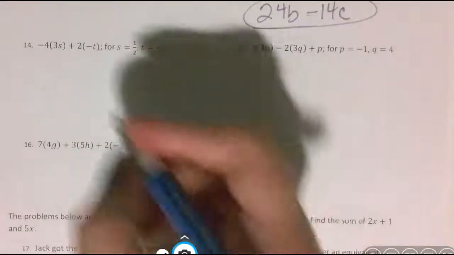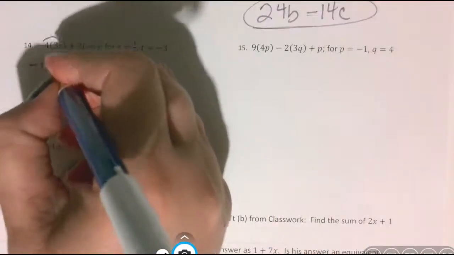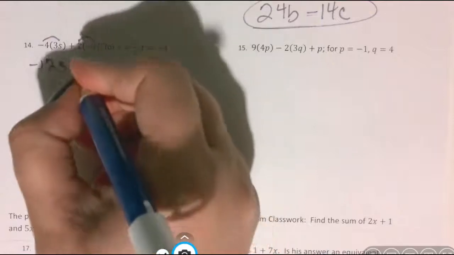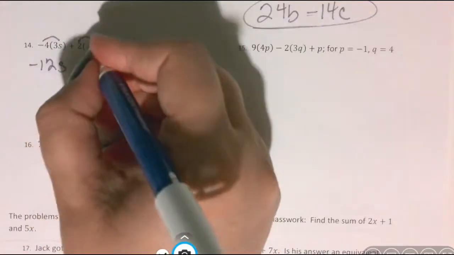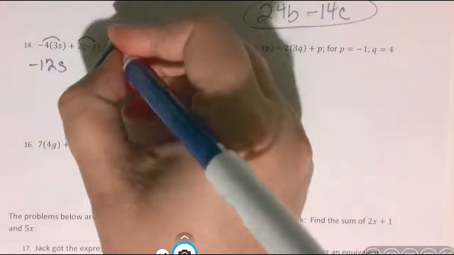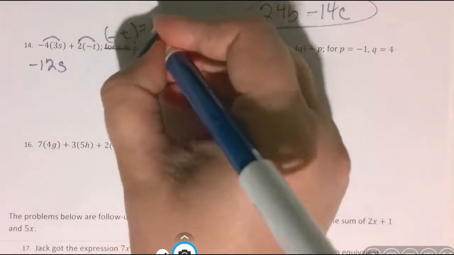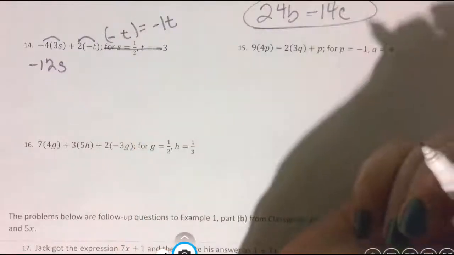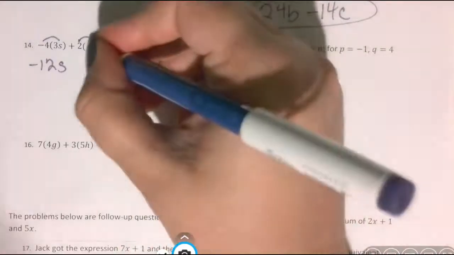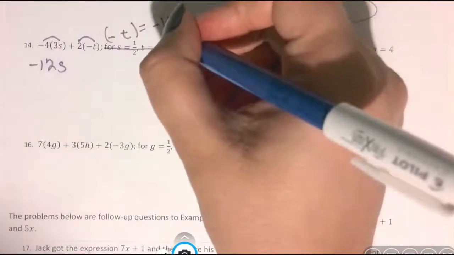Here we have negative 12S. And then negative T is negative 1T. So we need to remember when there's not a number written there, the coefficient is 1.